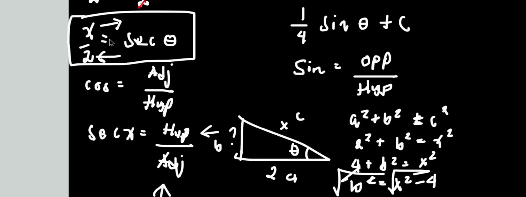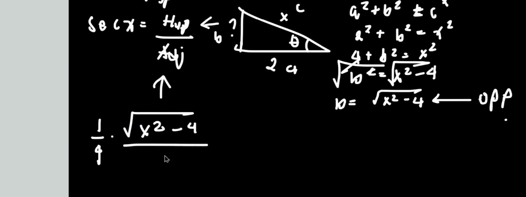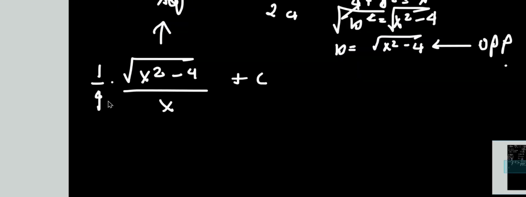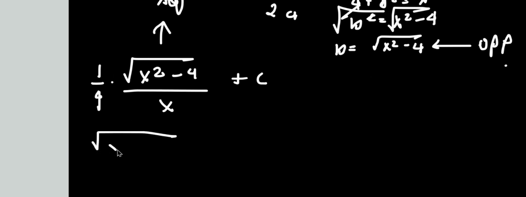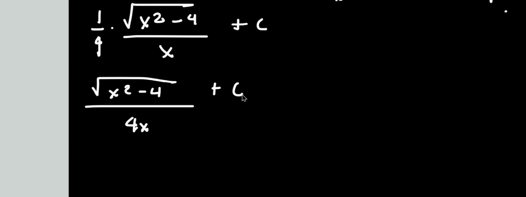So sine is SOH, that would be opposite over hypotenuse. Since ang opposite natin is ito, this would be equal to 1/4 times the square root of x squared minus 4 over the hypotenuse, which is x. And multiplying natin to would be 1 times the square root of x squared minus 4 over 4 times x is 4x. And plus c. And this would be the final answer.